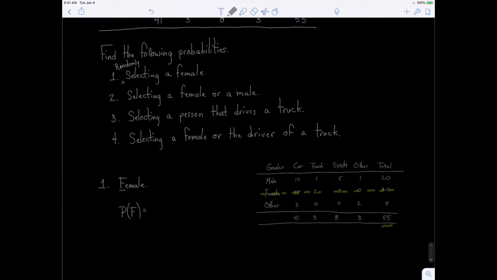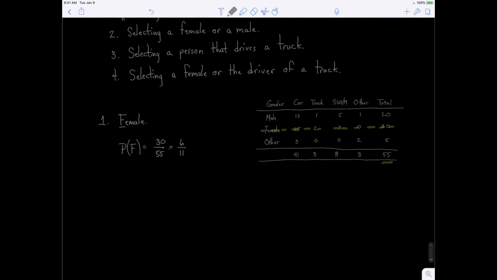So the probability of selecting a female is 30 out of 55. Now, you could also reduce that fraction if you'd like. You could cancel a 5 out of both of those, and you'd have 6 out of 11. But we're going to leave ours unreduced for reasons that you're going to see shortly. Okay, so that's number 1.